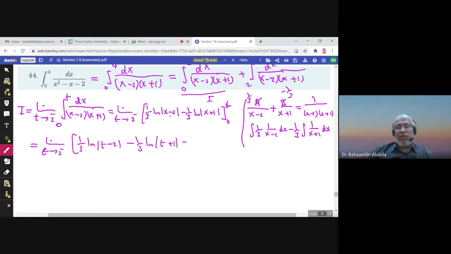If I replace now x by 0, I will have 1 over 3 ln 2. And here minus times minus will be plus 1 over 3 ln 1, but ln 1 is 0, so there is no need to write it.